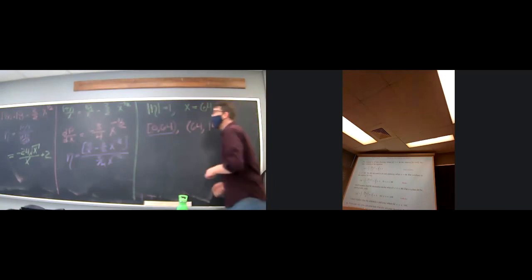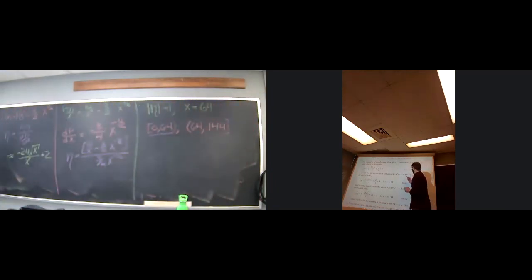So pro tip, the easiest way to go about finding where your intervals of elasticity and inelasticity are is to look for where it's unit elastic, because that'll break up your interval even more. You'll know where to check. Because we're going to be elastic on an interval, but unit elastic on a value.